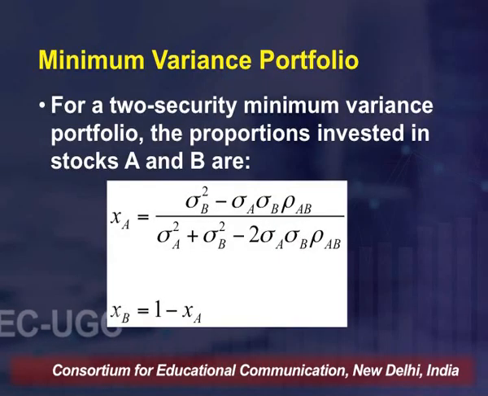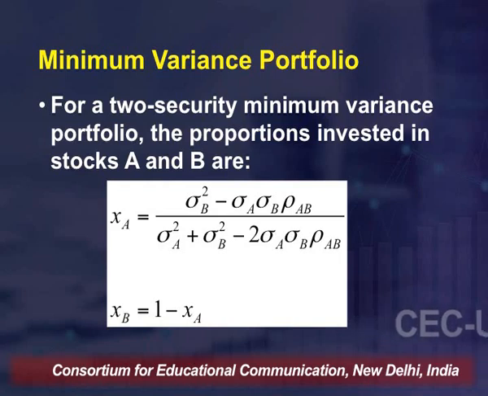Now, for a minimum variance portfolio in a two security case, we can actually calculate the proportions to be invested in stock A and stock B, because we need to know when our risk will be minimum, how much we should invest in stock A, or what should be the ideal weight in stock A and what should be in stock B. Because there are just two stocks, we first identify how much we are investing in, say, stock A, for which the formula is given here.